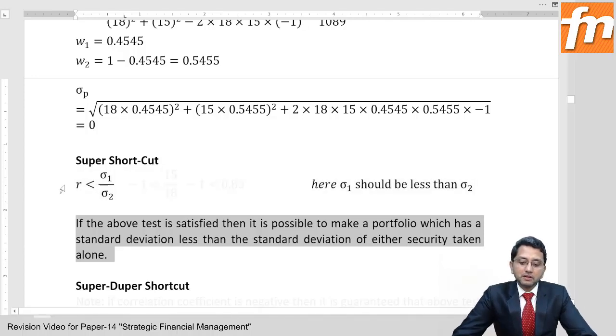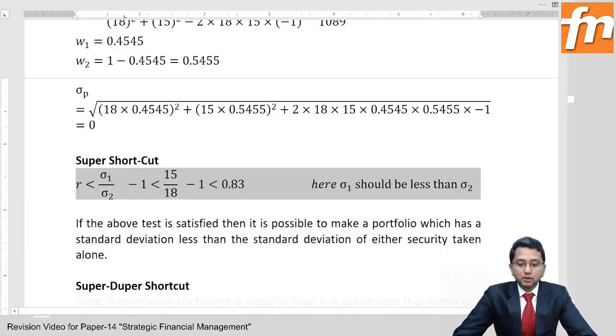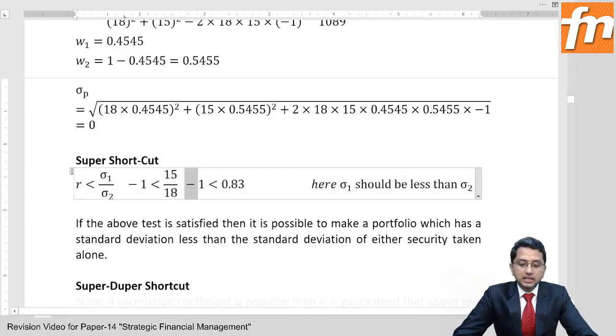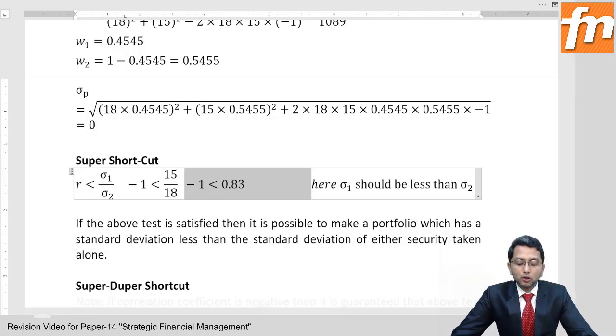So suppose in the previous example, with 15 and 18, the correlation is minus 1. Is minus 1 less than 0.83? Obviously yes. A negative figure is always lower than a positive figure. So the test is satisfied, and there exists a portfolio which has a lower risk.